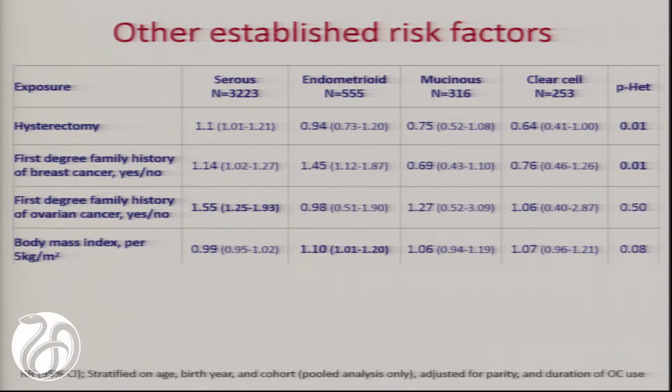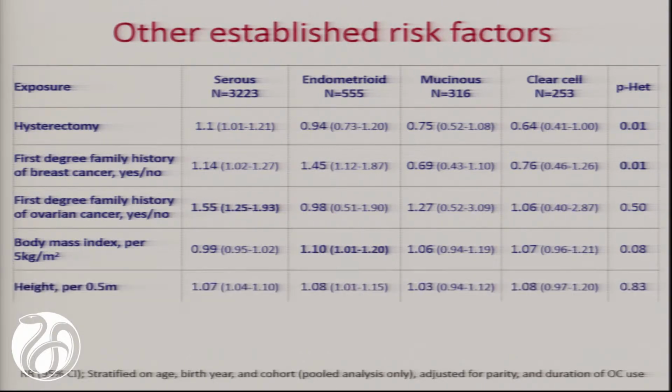BMI, the only significant association we observed was for endometrioid cancers, which makes sense if we think of it as somewhat related to endometrial cancer, where BMI has the strongest association. This is an association that was really not picked up in earlier studies that looked at all the risk factors together, and it's a very specific endometrioid finding.